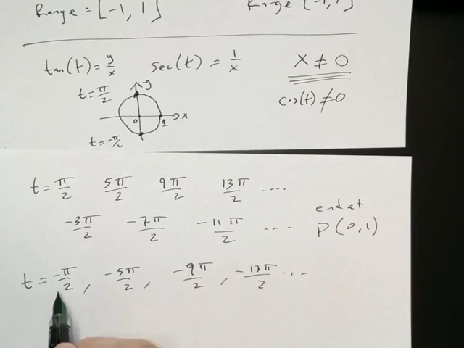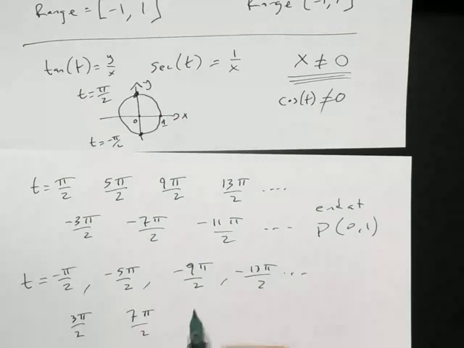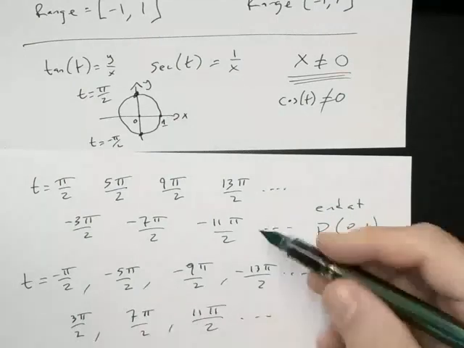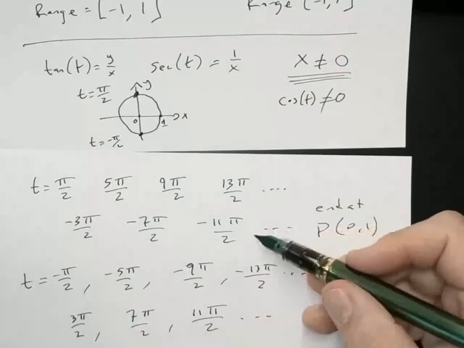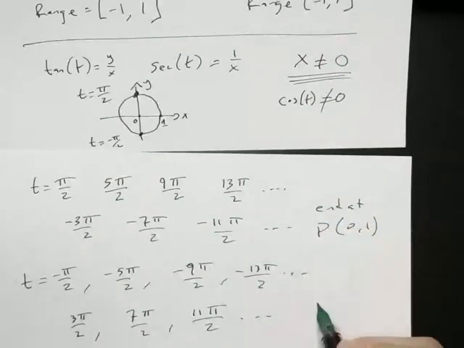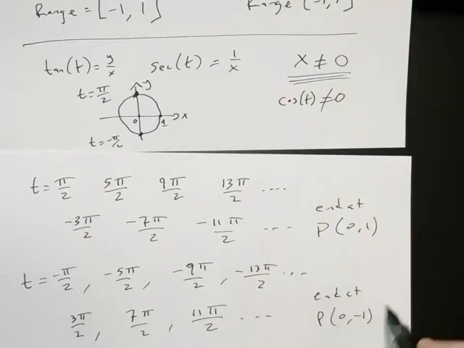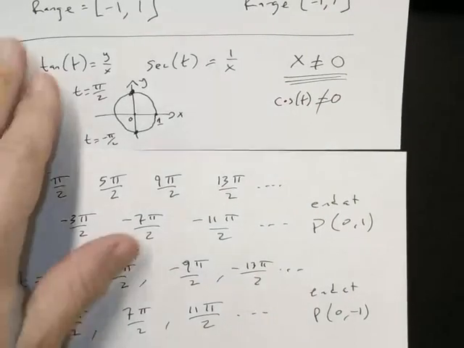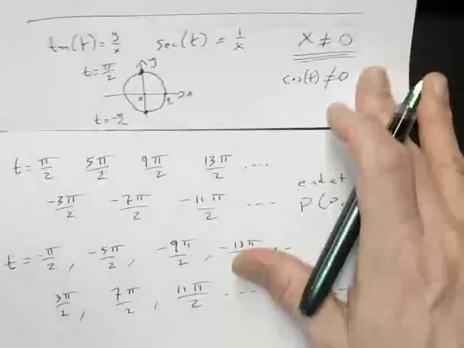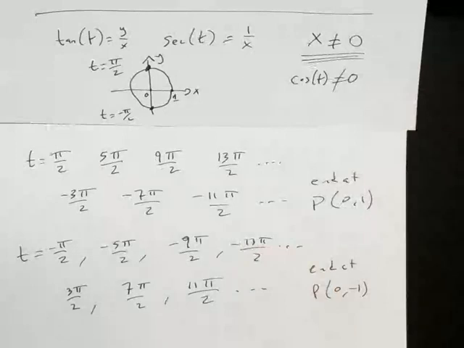If I add 4 pi over 2, I get the same numbers as in this list, but they're all positive. So here's a question for you, so that I could actually write my domain nicely.